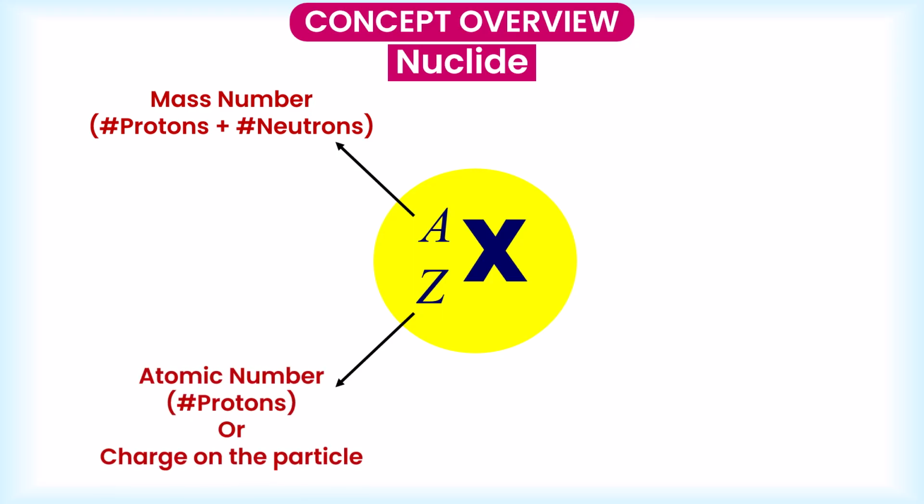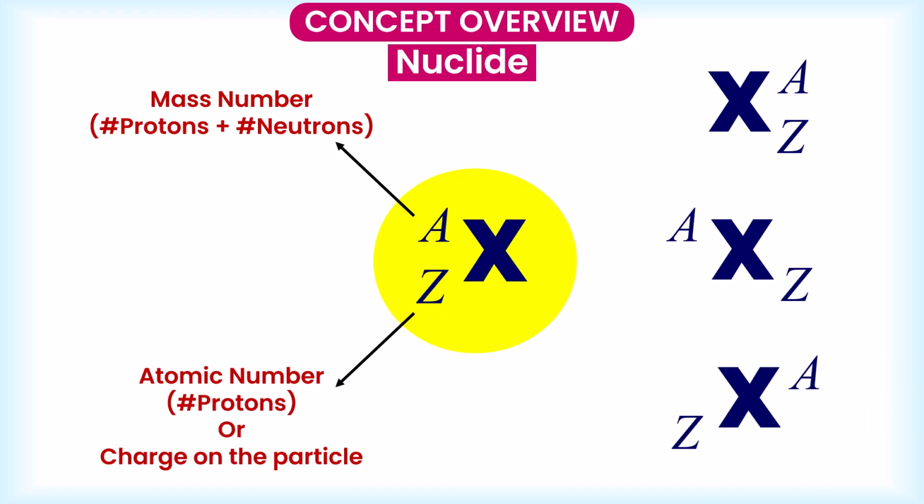And for charged particles, it can also indicate the charge. Depending on the convention used, the notation may vary slightly, but the basic idea remains the same. The superscript denotes the mass number and the subscript denotes the atomic number as shown on the screen.